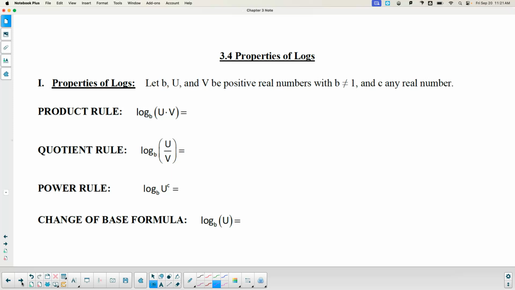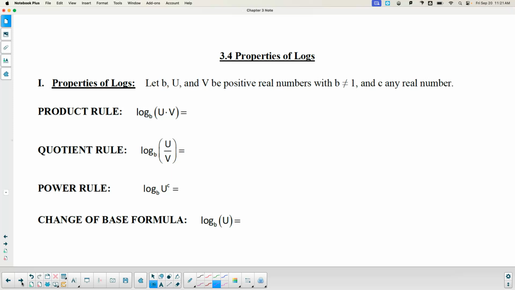So the first one is the product rule. The product rule says that if I have 2 products that are being multiplied together, I can break that log up into 2 different logs. Or if I have a number, like let's say 6, I can break that up into 2 times 3. So I can break those up into 2 different things.